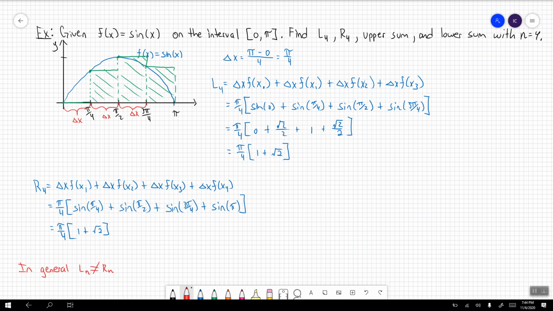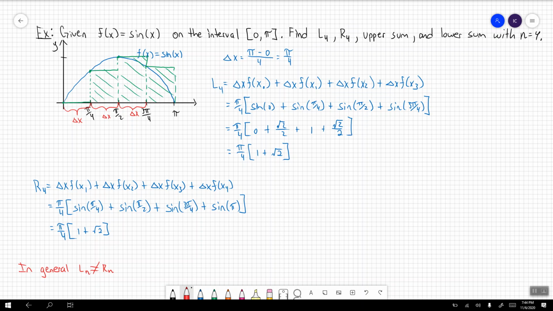In this particular case, we do get that they are in fact the same because sine of x on the interval from 0 to pi is symmetric. And because of symmetry, we can definitely argue that the left endpoint and the right endpoint sums are going to be exactly the same. And as we can see, they are.